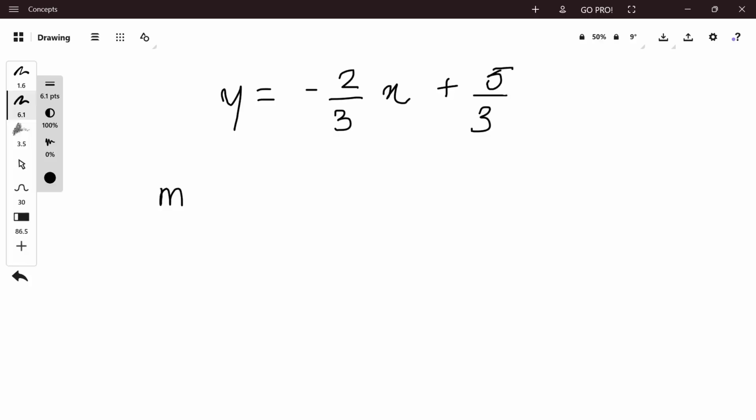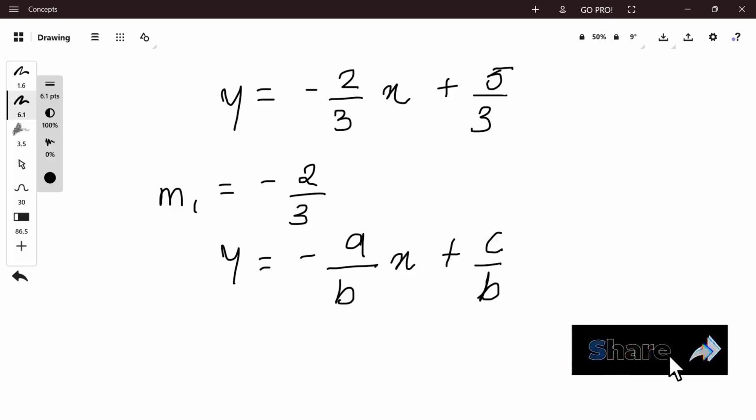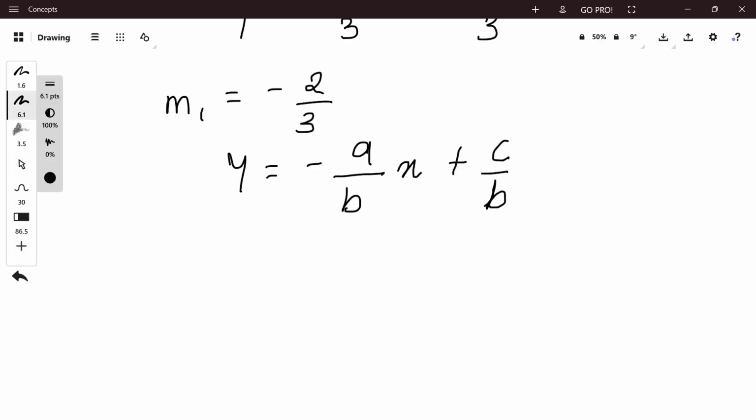The slope m1 is equal to -2/3. And for the second line, y = -a/b x + c/b, which is m2 = -a/b.